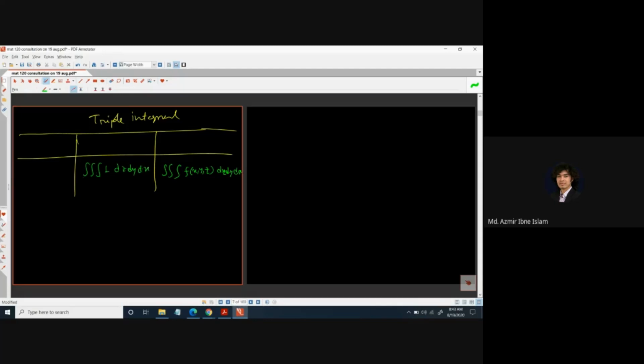So you can think about it like this: x times y times z, and you have 1, that means you have the same thing, x times y times z. What will you get, area or volume? You will get volume, x times y times z, and you have the function 1. So this will give you the volume.